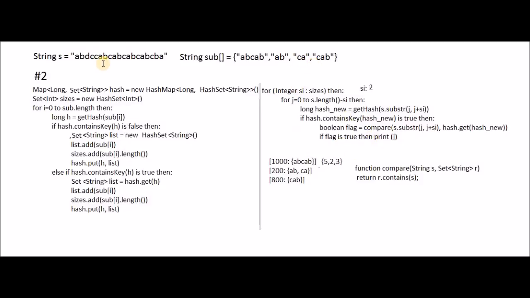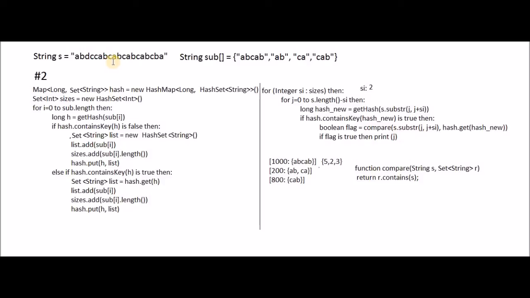Now we have AB again, which does work, because this new hash exists, which is 200. So the new hash exists as a key. We compare whether the string exists, which it does, and then you print it, and then you move on to BC.